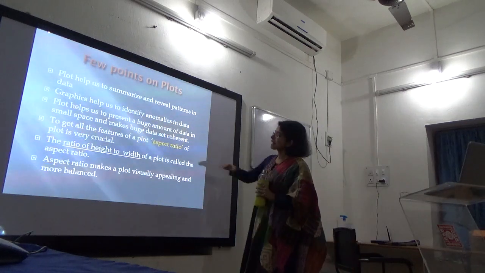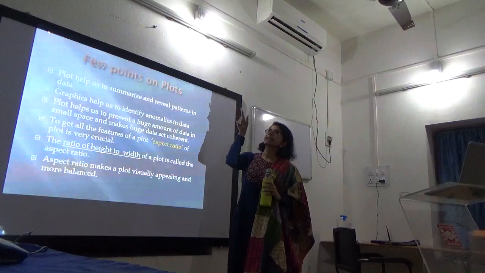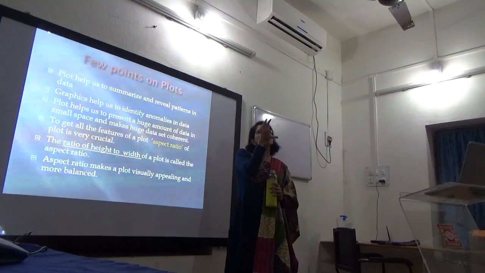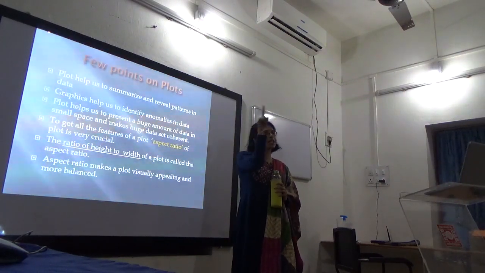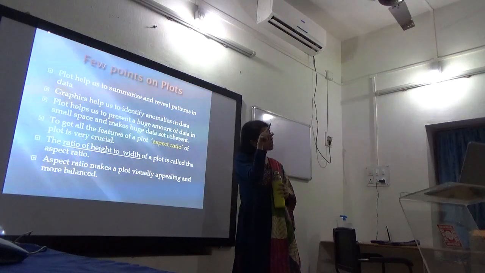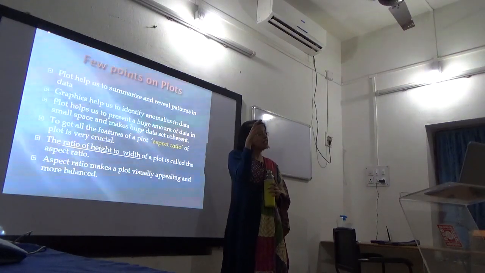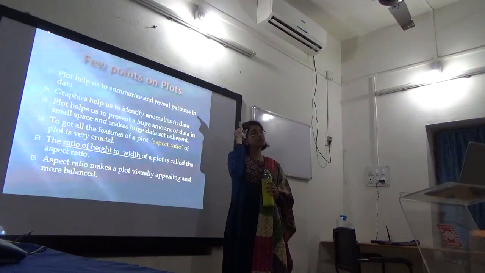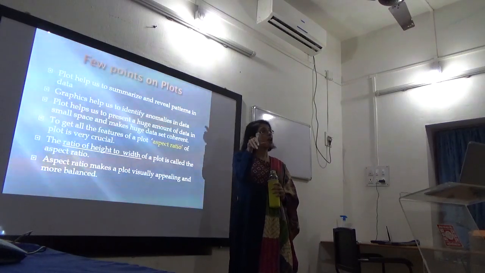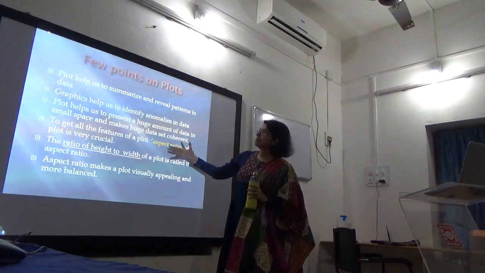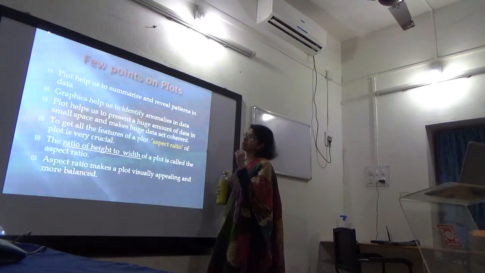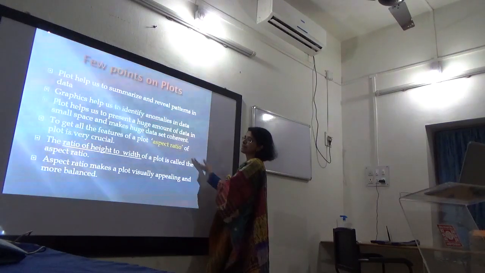So for aspect ratio in photography, sometimes one photo looks good in landscape mode, and sometimes one photo looks better in portrait format. That is some kind of metric called the aspect ratio.